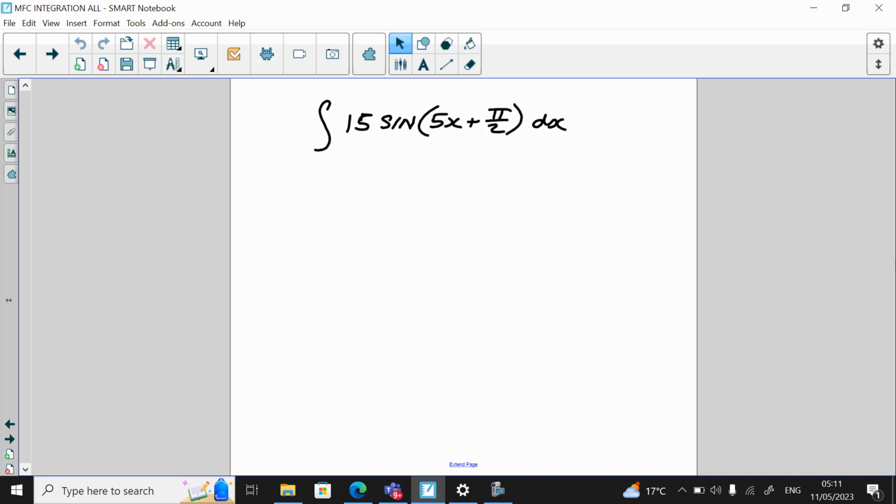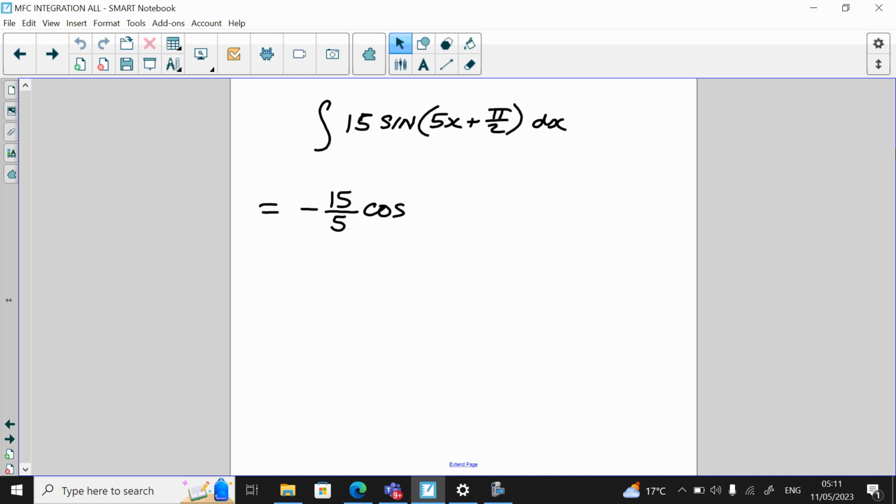Okay, this time we've actually got a number at the front. Don't worry, that number will just come down and it'll go on top of the fractional part. So it'll become negative 15 over the number 5.